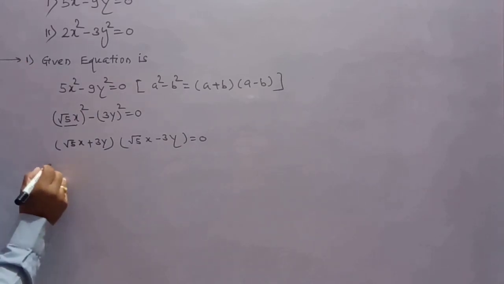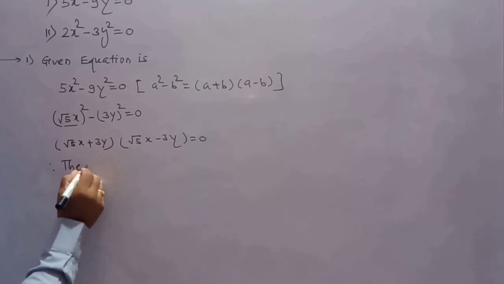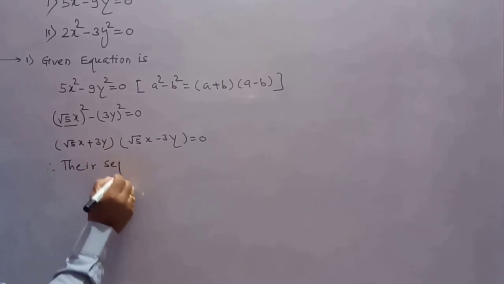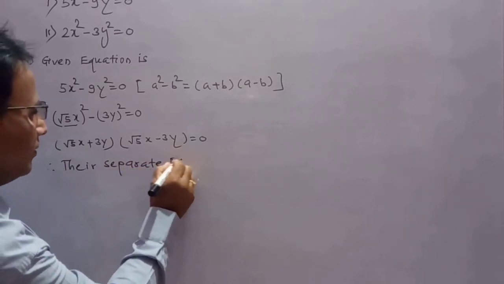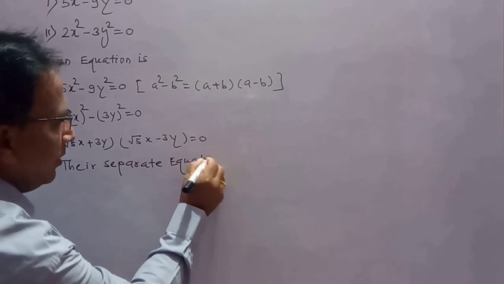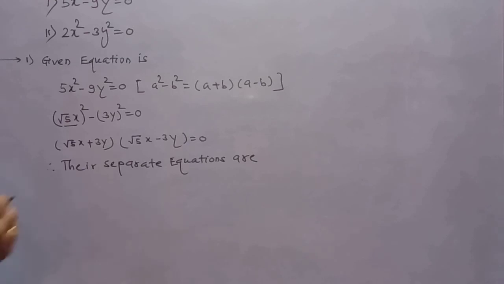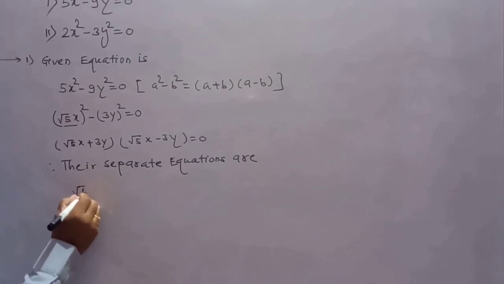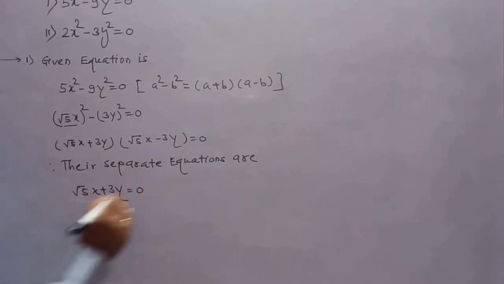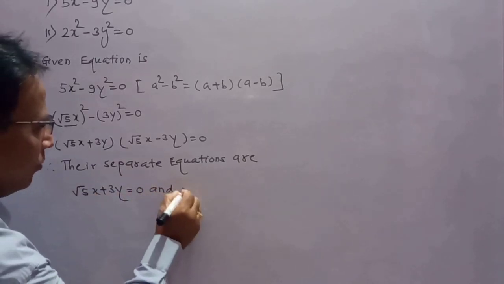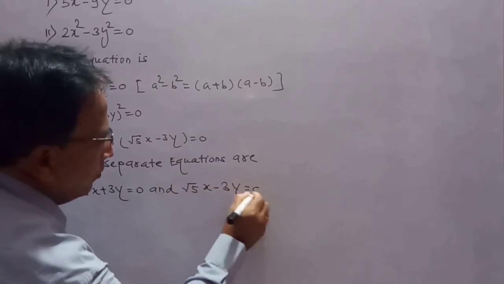Therefore, the separate equations are: first, root 5 into x plus 3y equal to 0, and root 5 into x minus 3y equal to 0.